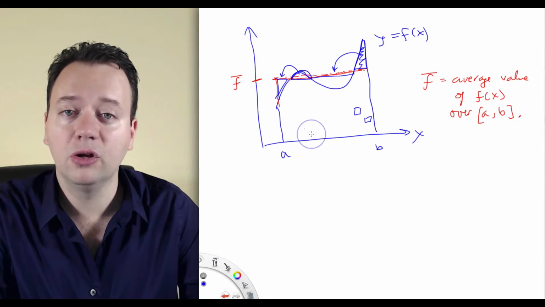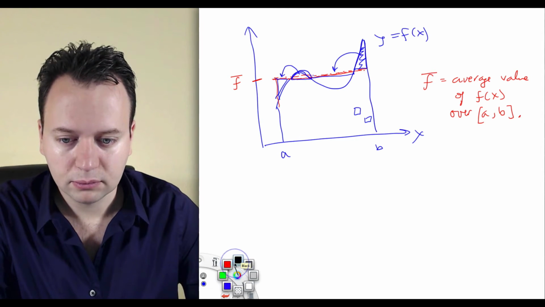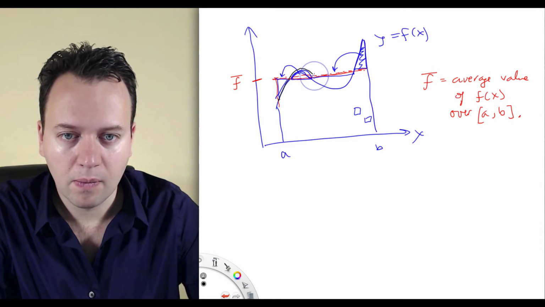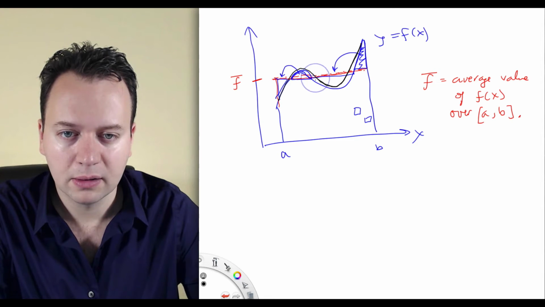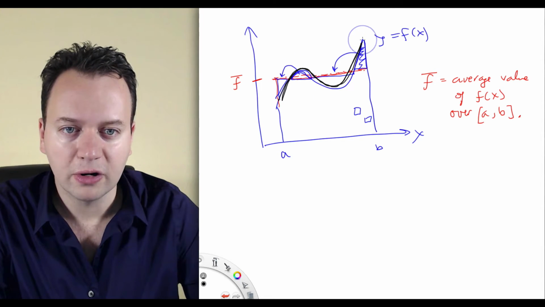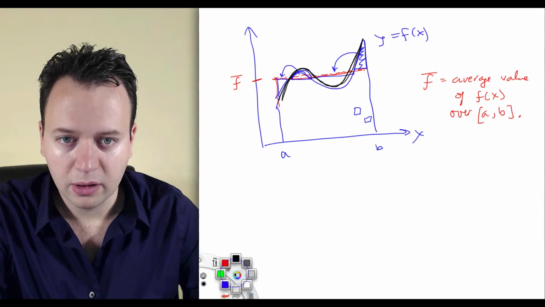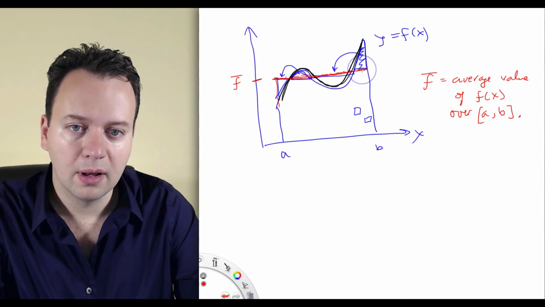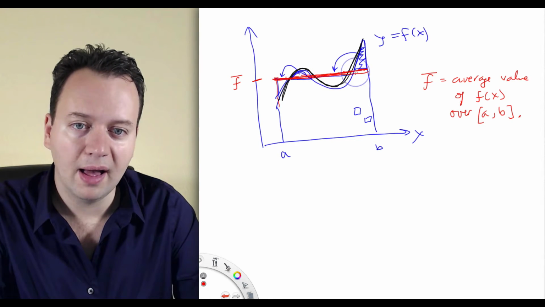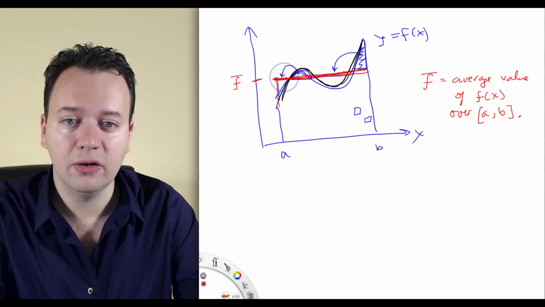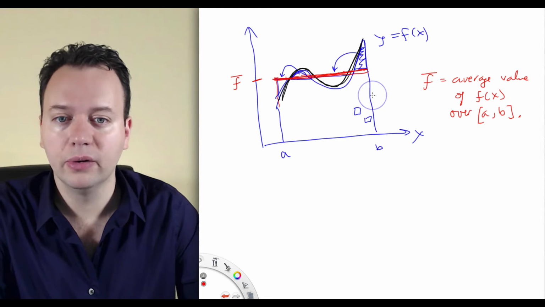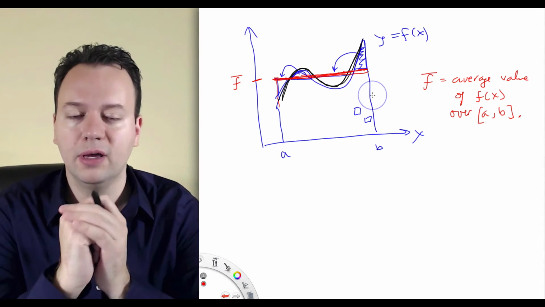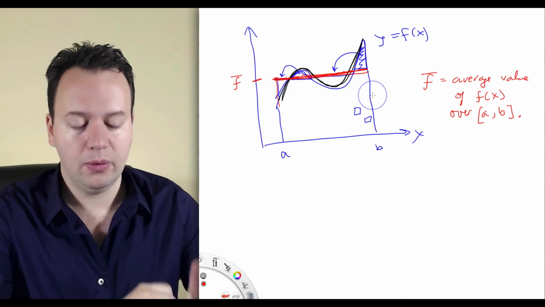So basically, I'm going to replace my function like this, a function that varies, with a constant function that has the same area between a and b. And I'll define the height of that new function, or the value of that new function, to be the average value. So it kind of makes sense to be a reasonable thing that you would define that way.